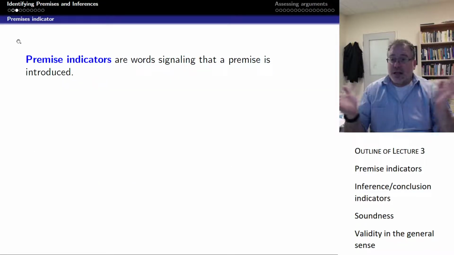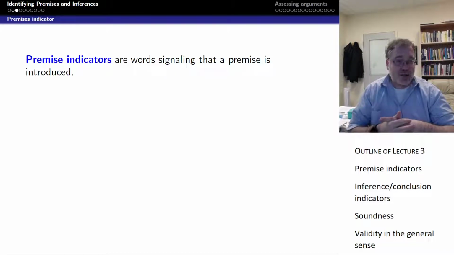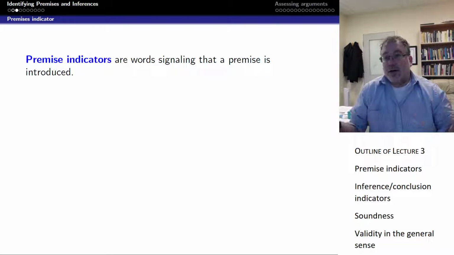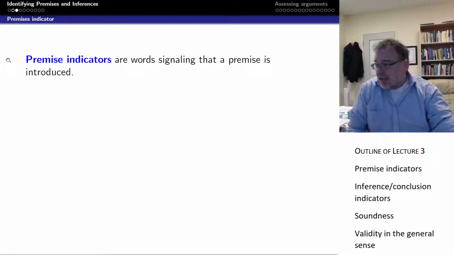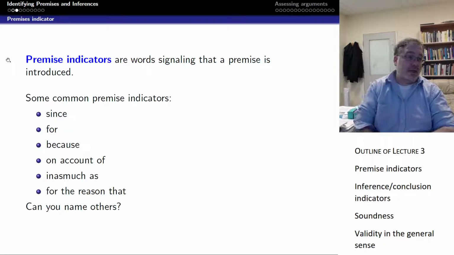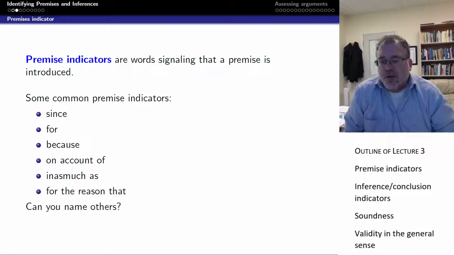Premise indicators, as the name suggests, are just words or expressions signaling that a premise of an argument is introduced. There are many words in English that are used to do that. Here are some of the most common ones, and it's by no means an exhaustive list.